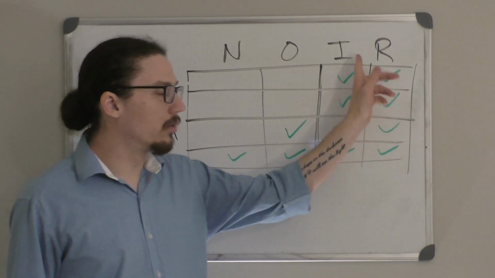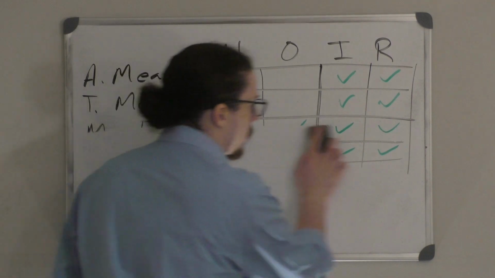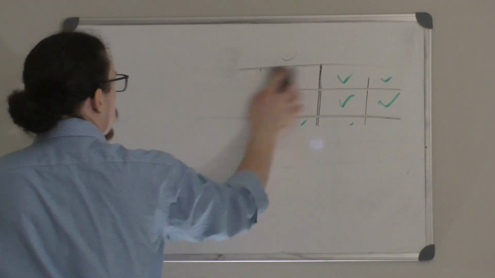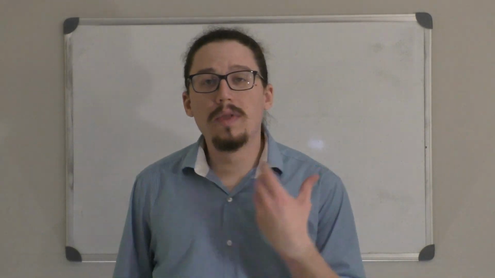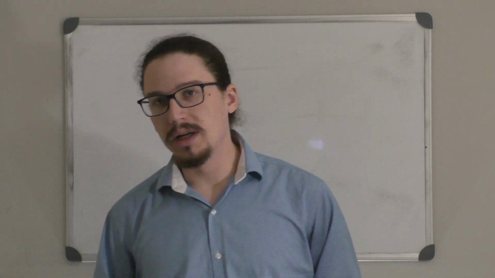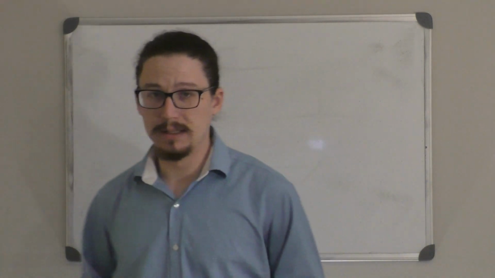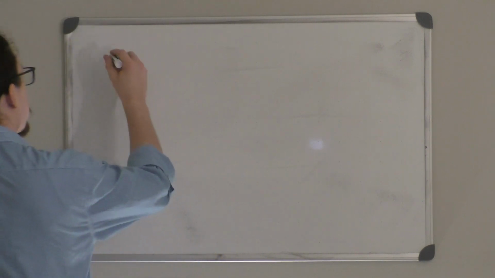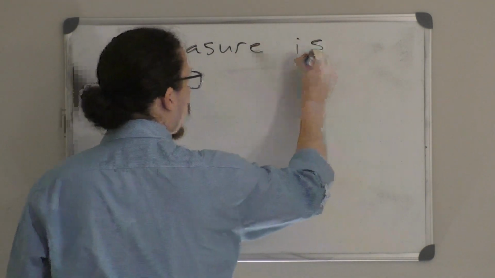We can only use the median if we have ordinal, interval, or ratio scale data. And we can only use the means, arithmetic or trimmed, if we have interval or ratio data. So that's one reason that we have so many different measures of location.